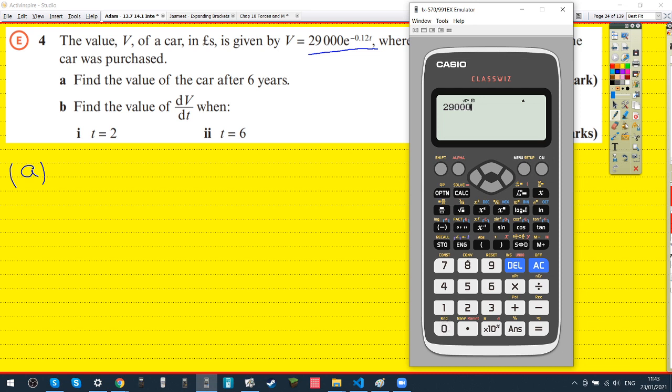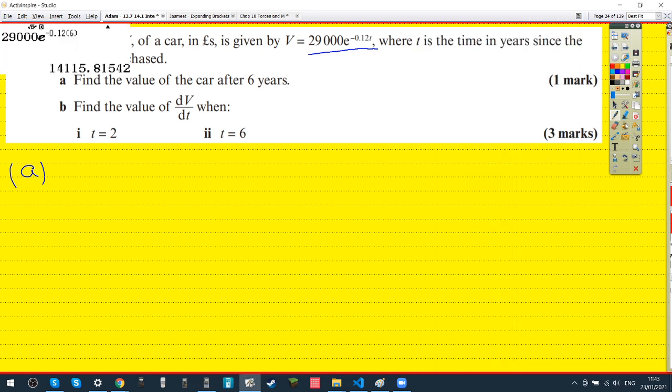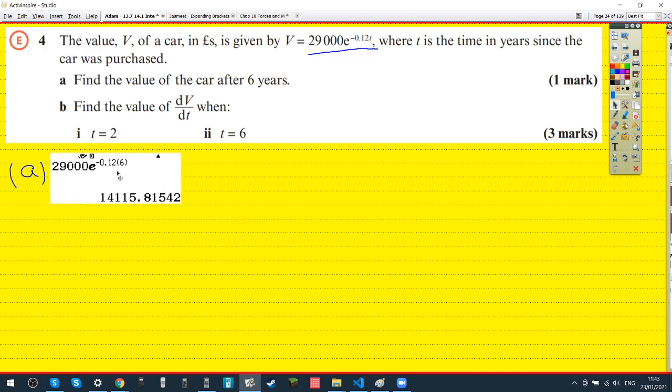Okay, so it would be 20. I got 114,115.8. So I'm going to say 82p. Okay.